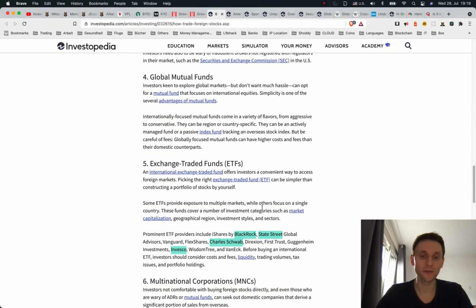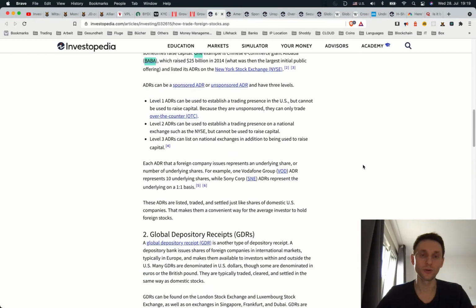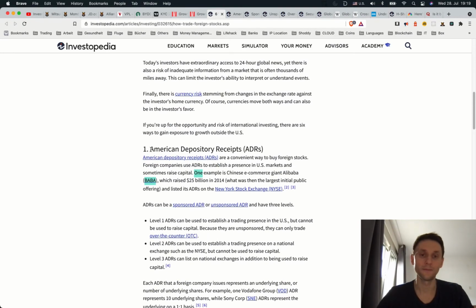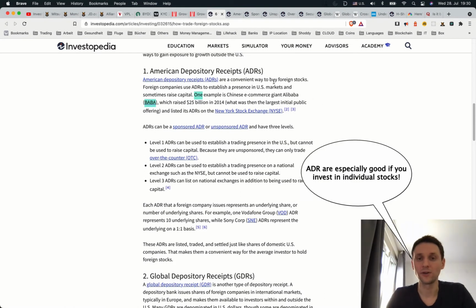So that would be the first option for investing in foreign stocks. The second option would be to buy ADRs. If you're located in the United States, it would be a good option for you to buy or sell stocks of a foreign company.